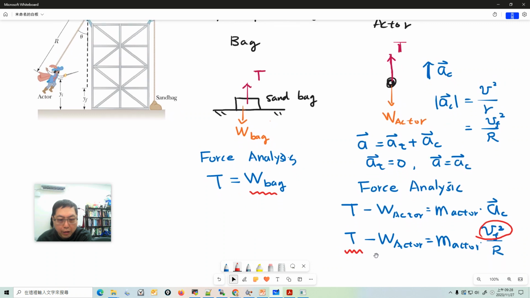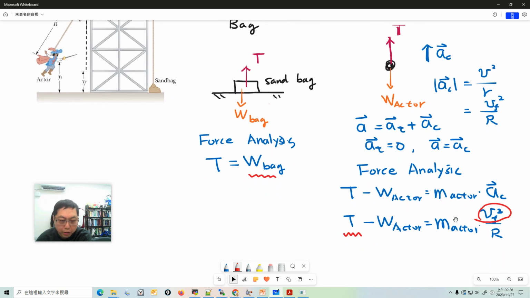If you have a large velocity at point F, you will have a large tension at point F. If you have a large tension, that means you have a large tension to pull the sandbag. So the velocity will determine whether you can pull the sandbag up or not. The velocity at point F is very important.